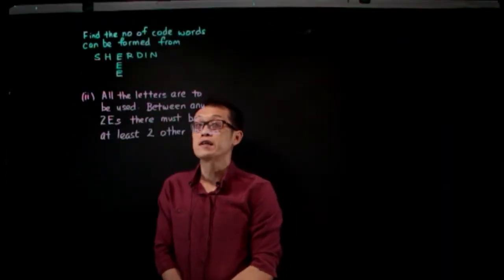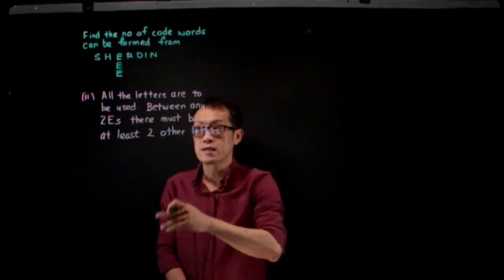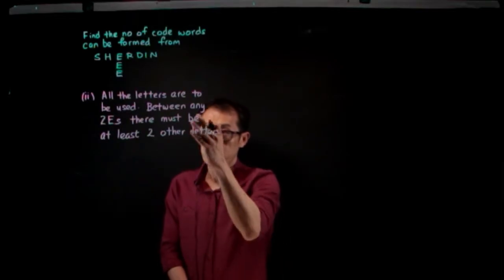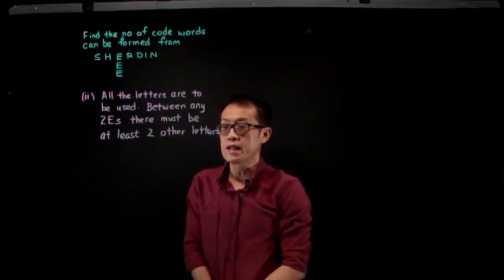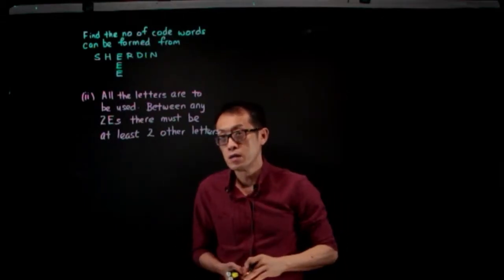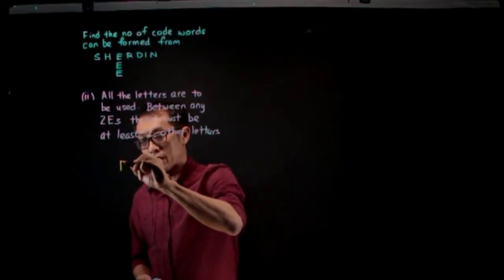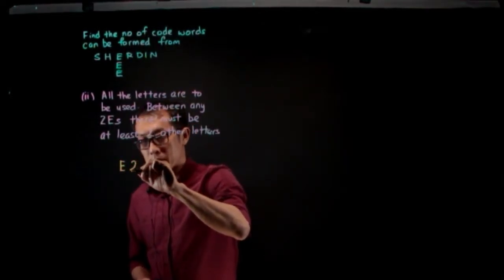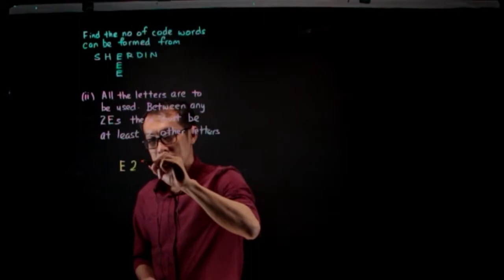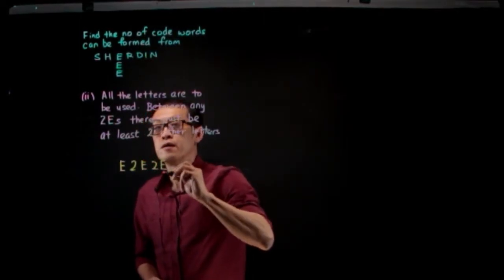You are asked to find the number of code words that can be formed if all the letters are to be used. Between 2 E's, there must be at least 2 other letters. So what are the possible options? You can have E separated by 2 other alphabets, E, 2E.